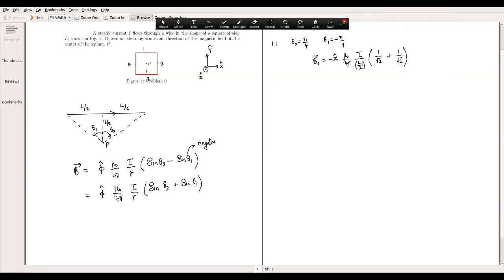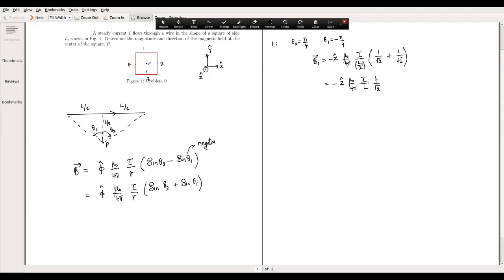So that's overall minus z hat mu naught over 4 pi times a factor of 2 over root 2, and L over 2 also contributes a 2. So it's overall I over L times 4 over root 2. That's B1. B2 is exactly the same thing.